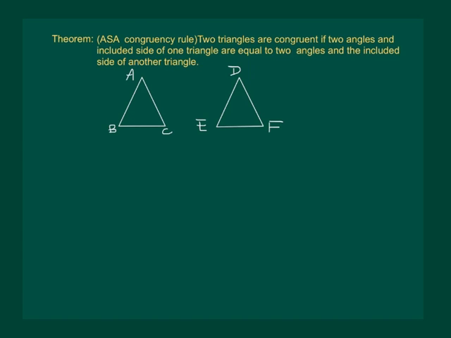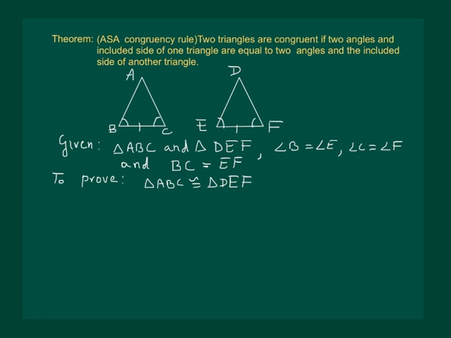It is also given that two corresponding angles, angle B is equal to angle E and angle C is equal to angle F, and the included sides are equal. We have to prove that triangle ABC is congruent to triangle DEF. Let us start with the proof. Keep in mind that the SAS property is an axiom and we shall use it for the proof.